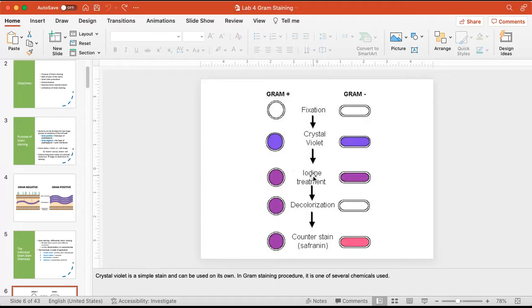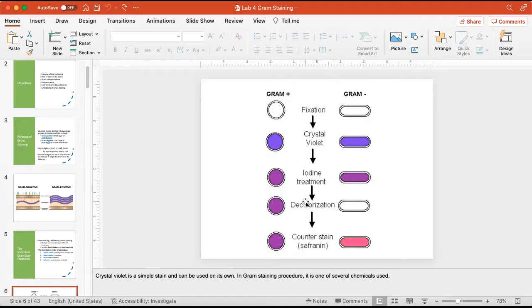That's our mordant. The mordant is going to help the stain penetrate and adhere to the peptidoglycan. Now, the artist has changed the purple a little bit here just to remind us that we've done something. We pushed that purple color in deeply into the peptidoglycan, and we've gotten it to adhere.